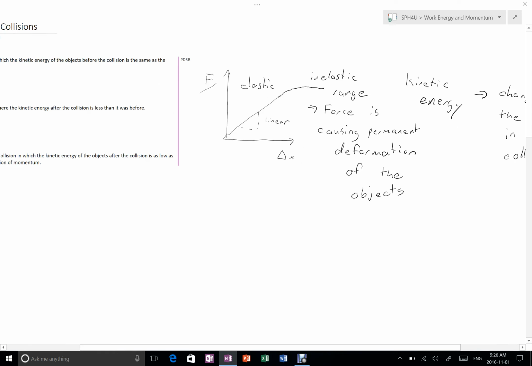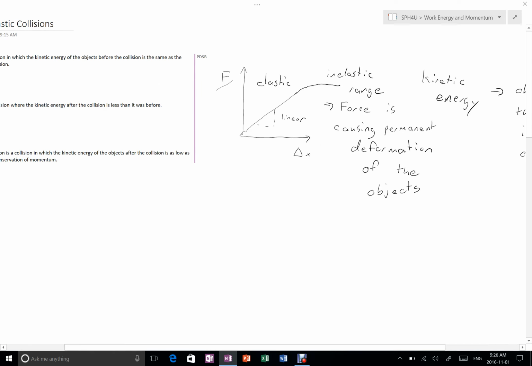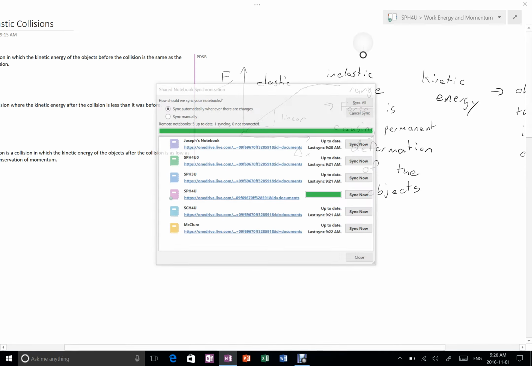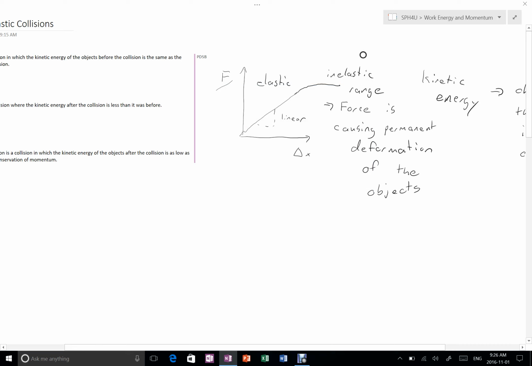So if you stretch a spring with a low enough force and it stays within the elastic region, when the spring is unstretched it will be the exact same. But if you apply too large of a force and you cause the spring to move out of the elastic region and up into this inelastic region right here, then the deformation of the materials will be permanent, such that when that force is removed, the materials will never go back.